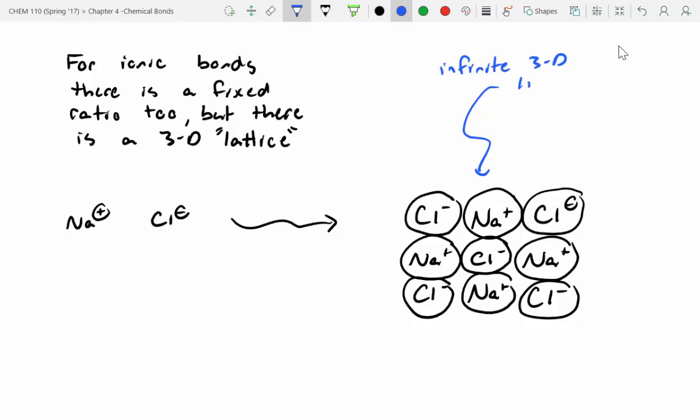3D lattice. And this isn't just one flat sheet. It actually forms more of a cubic shape, because you can imagine this forming a cube, right? And there's an infinite 3D lattice, but still a 1-to-1 ratio of sodium cations to chlorine anions, and that's an important thing to remember. Why do you think there's a 1-to-1 ratio as opposed to a 2-to-1 ratio or any other ratio?